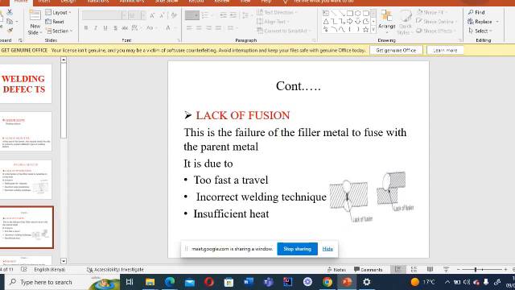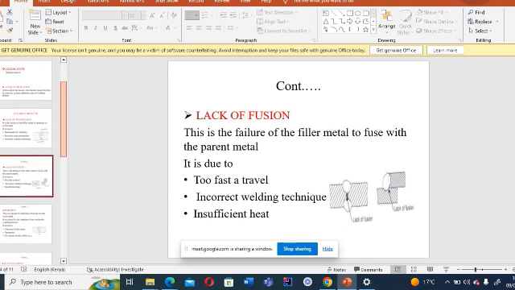The second cause is incorrect welding technique, and it varies with the type of the material that you are welding. The third is insufficient heat. Different types of metal require different heat regulation, so you must adhere to the type of the material that you are welding.